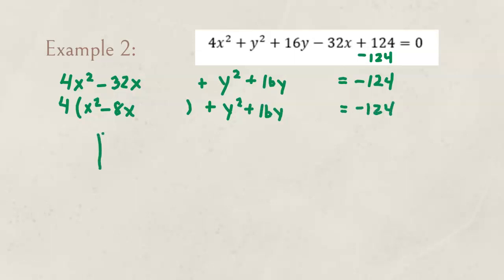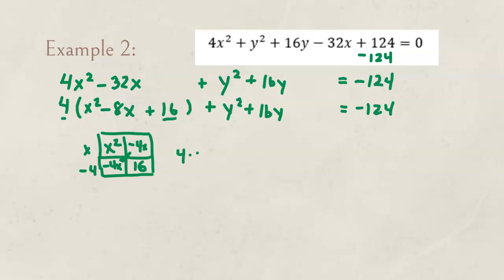For the square for the x's, I'm going to use x squared in this corner. And then I need my two diagonals to add up to negative 8x, so that's going to be negative 4x. And that means my dimension is x minus 4 squared, so this would be a 16. So that means I'm adding 16. But I really added 4 times 16 because I had that 4 factored out already.